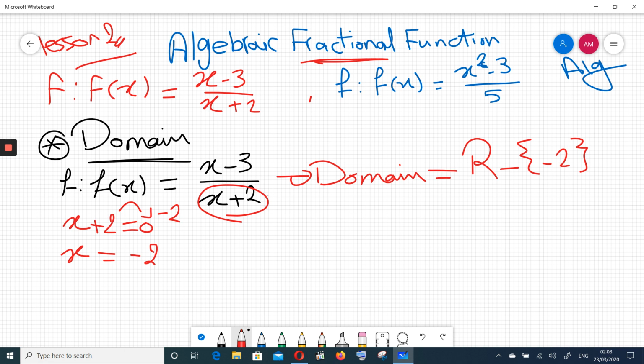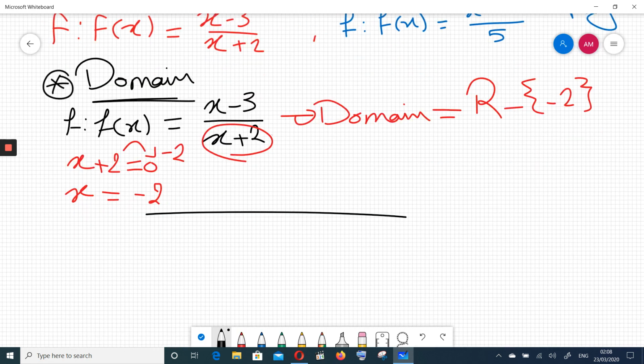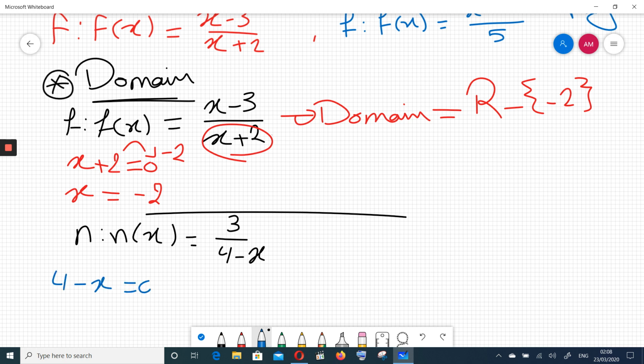For another example, n of x equals 3 over 4 minus x. The same thing here: we use my denominator, 4 minus x equals 0. This is negative x, we take it to the other side to be positive x.